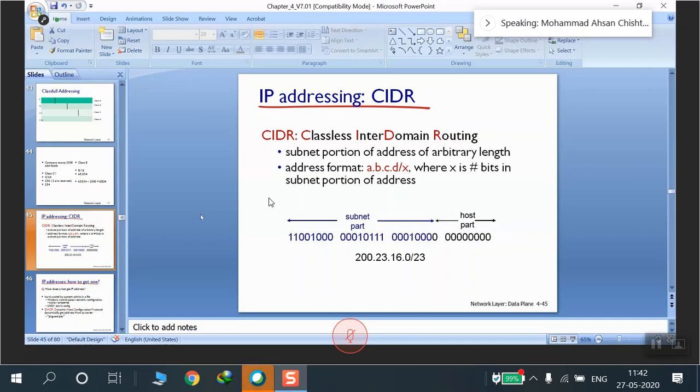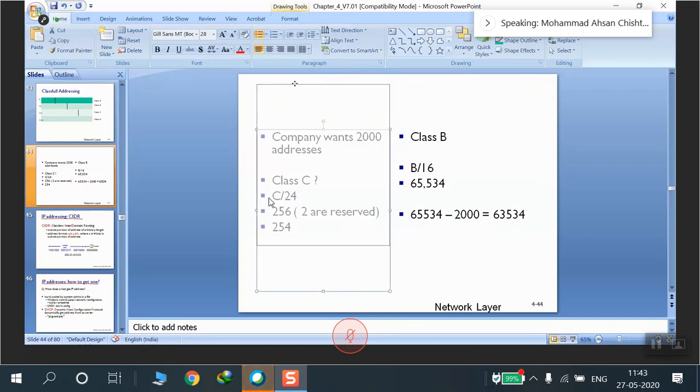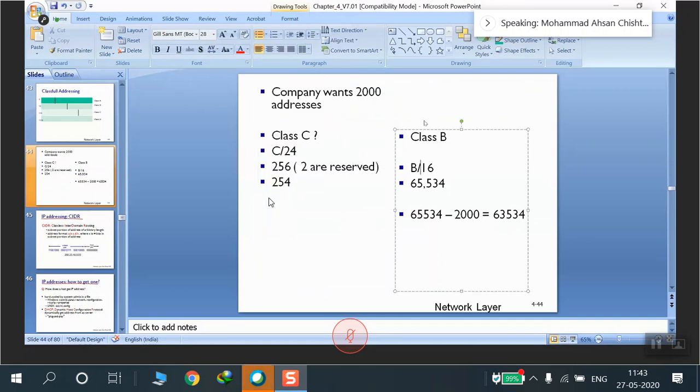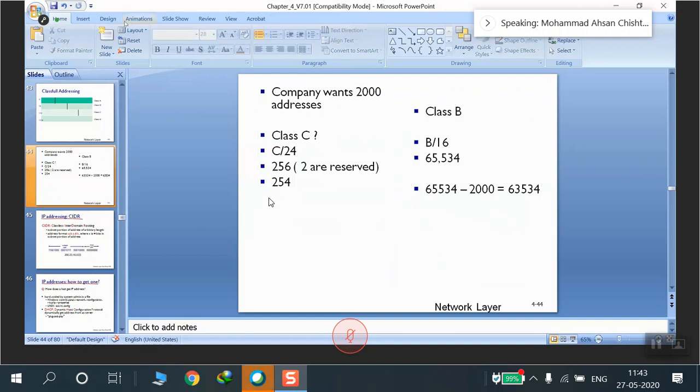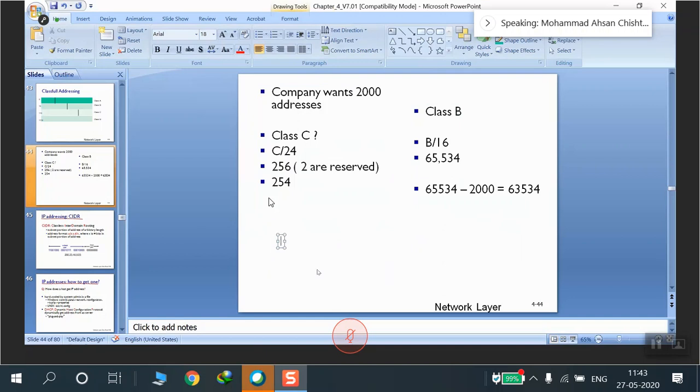So in the previous example that we just took, if we now move from classful addressing to classless addressing, what would we have here? The same question: the company wants these many addresses. Class A gave this many, class B gave this many. Now let's have classless addressing, or CIDR.